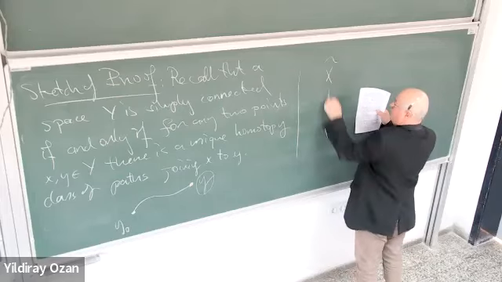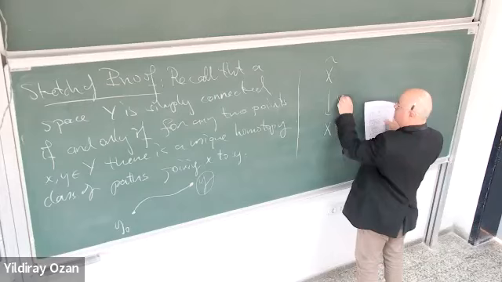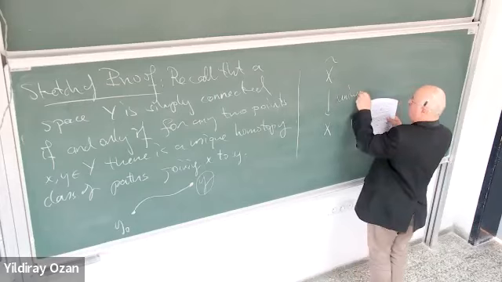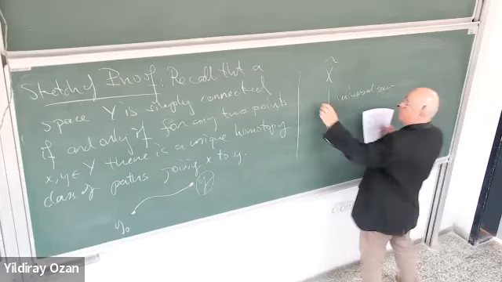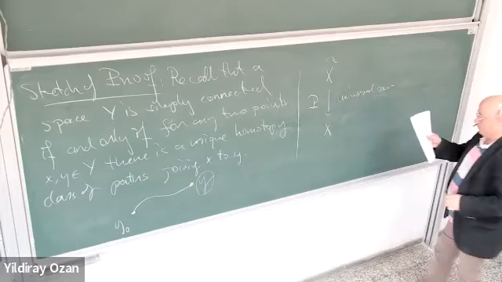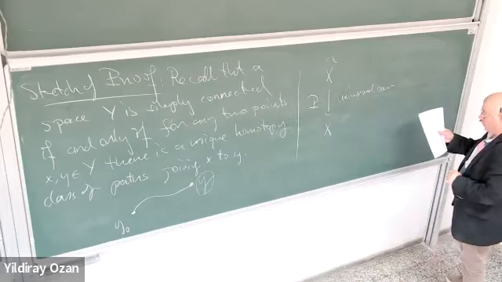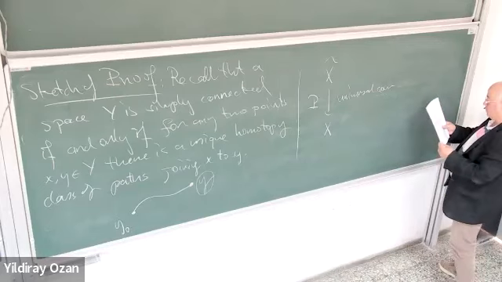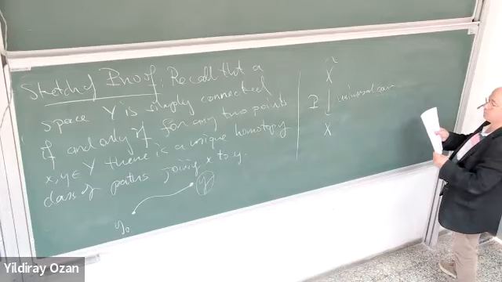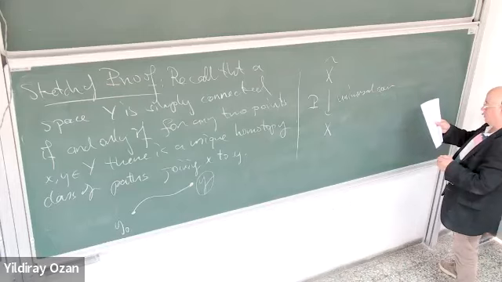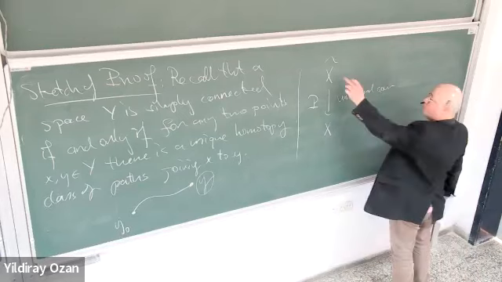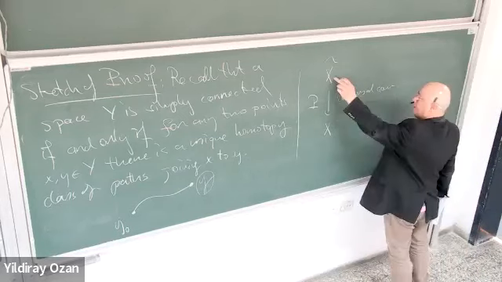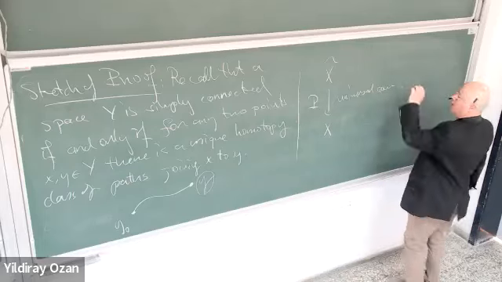Let's say this is the universal cover. Then we know the following. So points of this space correspond to homotopy classes of paths.